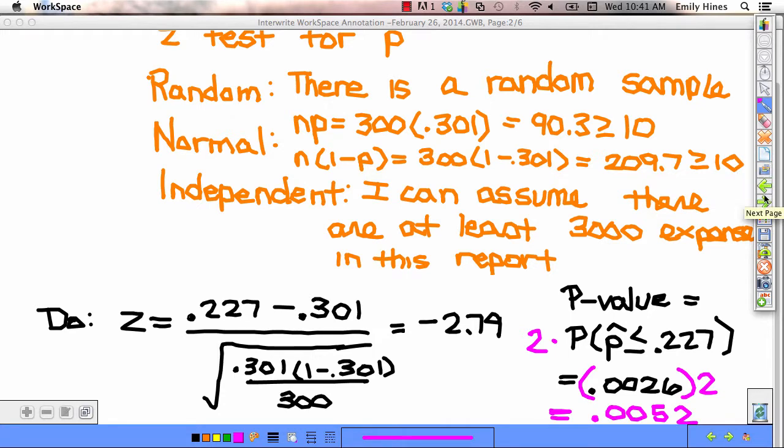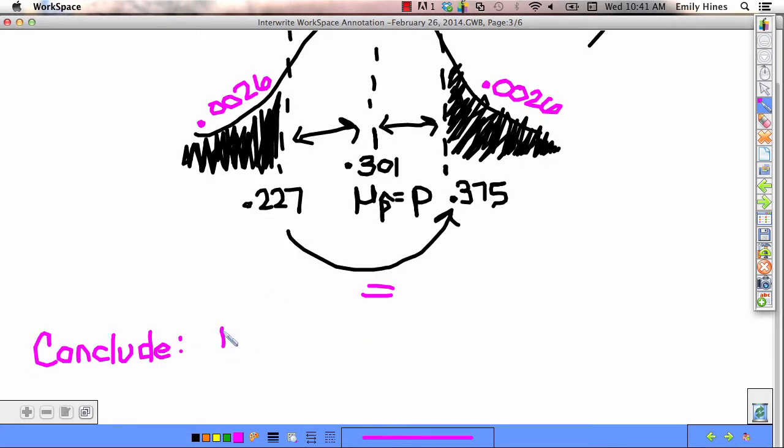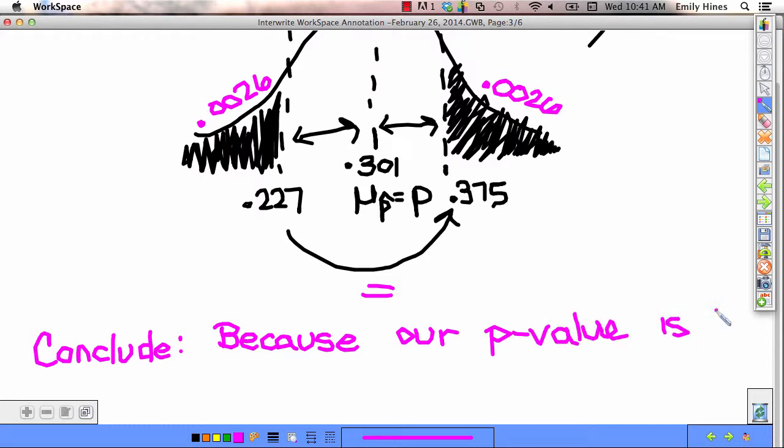So then when I conclude, I do the same fill in the blank that we always do. Because our p-value, 0.0052, is less than the alpha, we reject the null hypothesis.